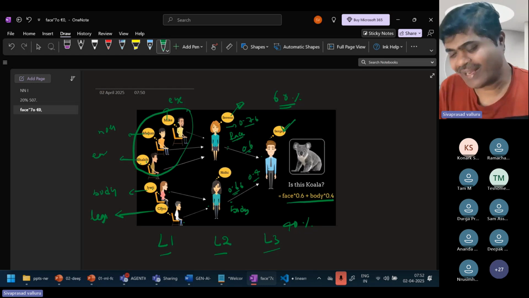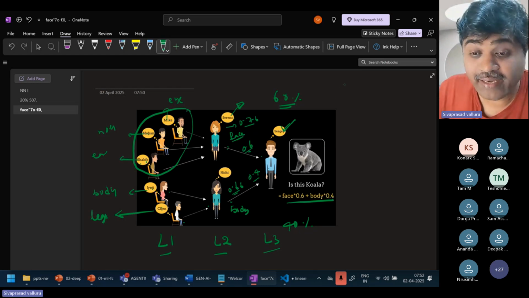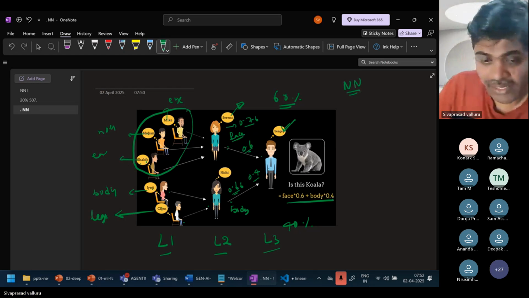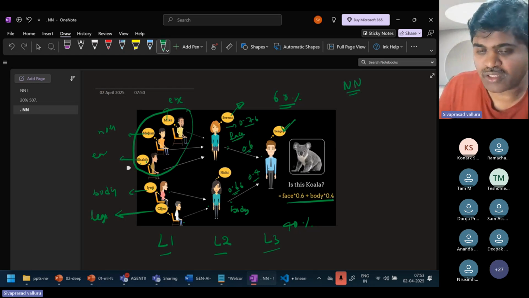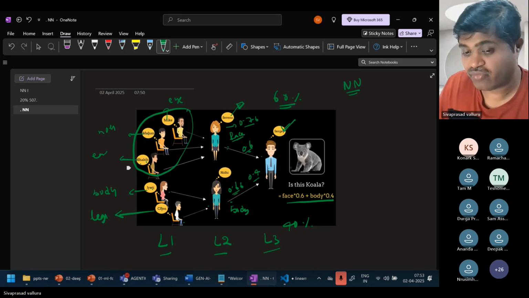So this is the non-technical example I gave today. We'll see technically tomorrow how, if I can create a network of neurons, my probability of predictions will be great.